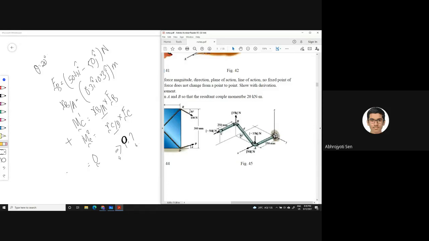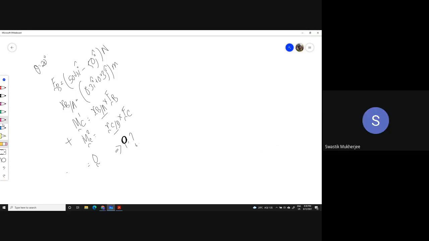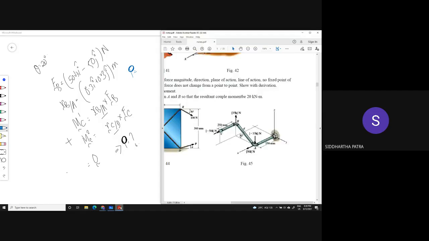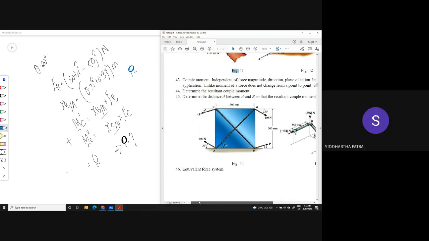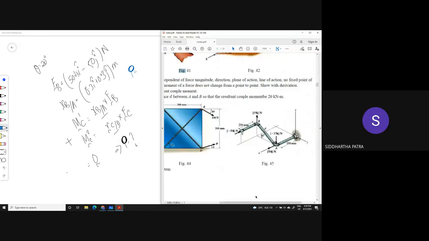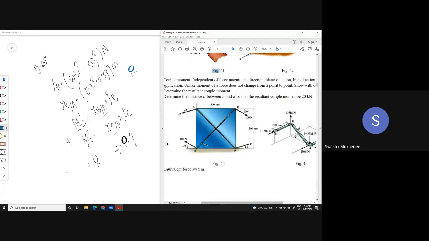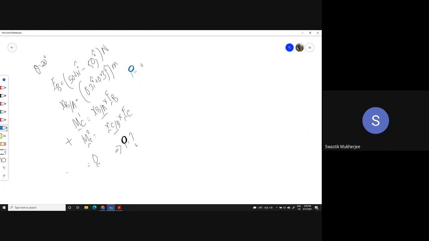Sir, I am getting 106.578. Sir, P equals, if we consider it 20 kilonewton, which was given, then it's 106.62. Sorry, what do you consider? So in the problem they said 20, the total resultant. No, that is for problem number 45. Oh, actually I did that. Then it's coming 106.62 if we consider 20.